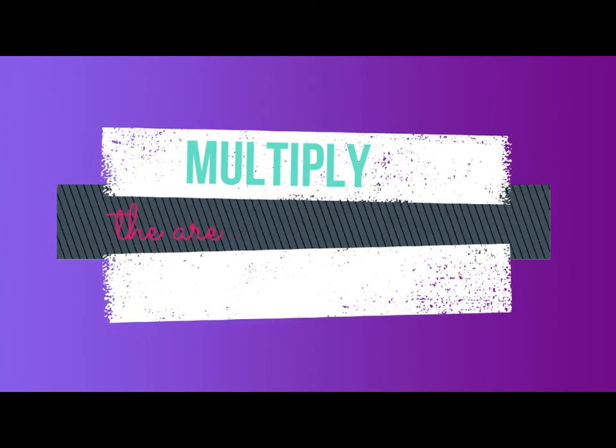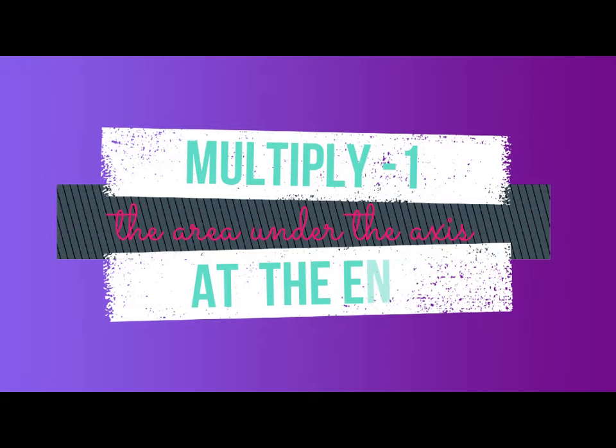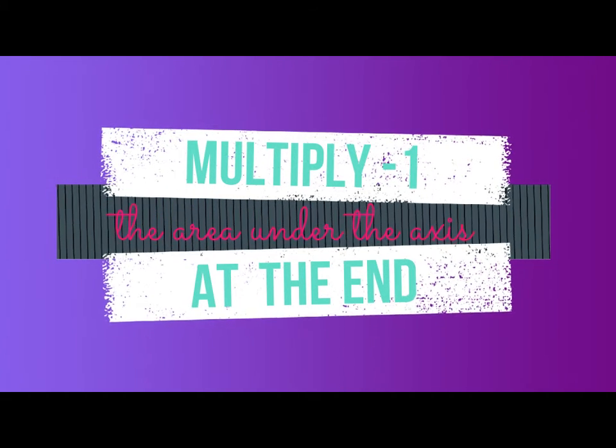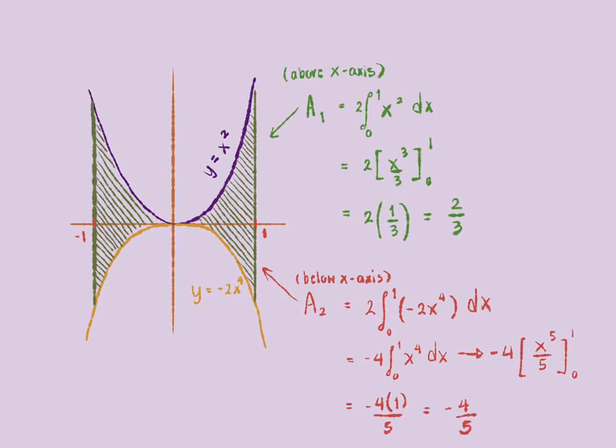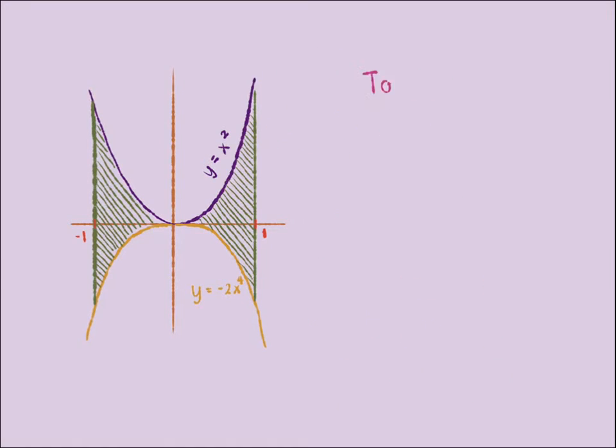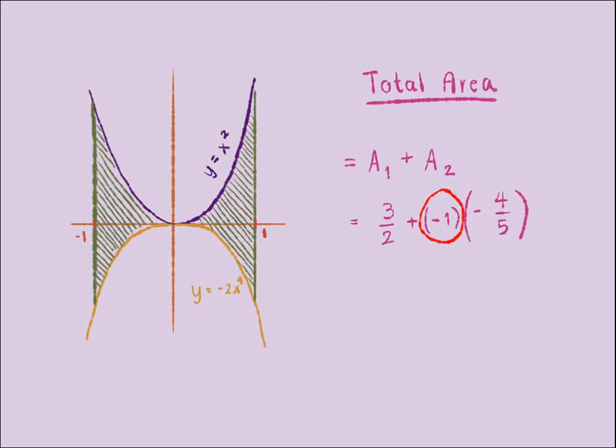Therefore, you need to multiply by -1 at the end to the area under the x-axis to get the positive result. Also, you need to multiply the integrated function by 2 because you calculate it by half. Lastly, add the area of each side of the axis together to get the total area.